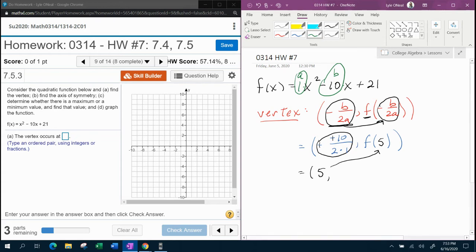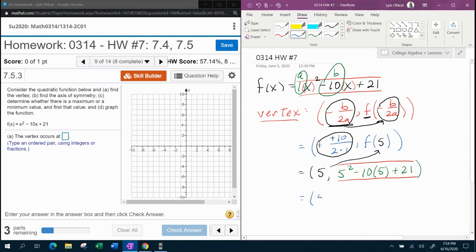So if I plug 5 into the function, that's going to be 5 squared minus 10 times 5 plus 21. Okay, so I hope you see what I just did there. All of this stuff in the red bars, it came from the function replacing each x with 5. And then I need to work all of that out to get the y coordinate of the vertex, okay?